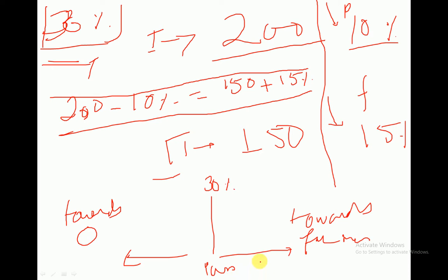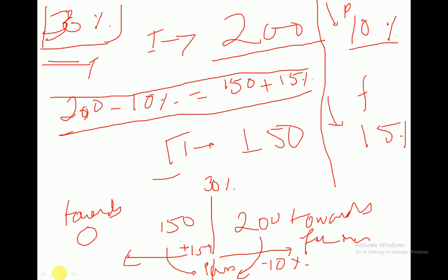The one getting 200 and crossing the passing line by 10% would be on this side, and the other student would be on the other side. If both students need to stand at the passing line, one needs to have his marks decreased by 10%, and this one needs to get increased by 15%. So this is the concept over here.